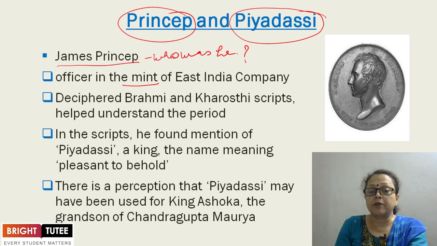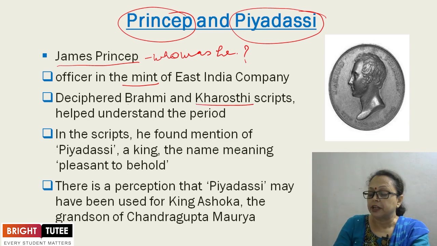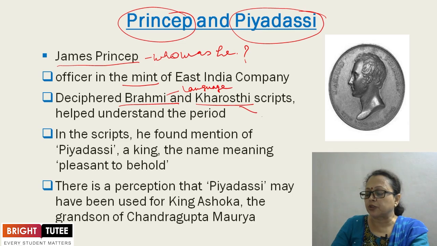He was an officer of the East India Company. Then he deciphered the Brahmi and Kharosthi scripts. These were the two different languages spoken by the common people.